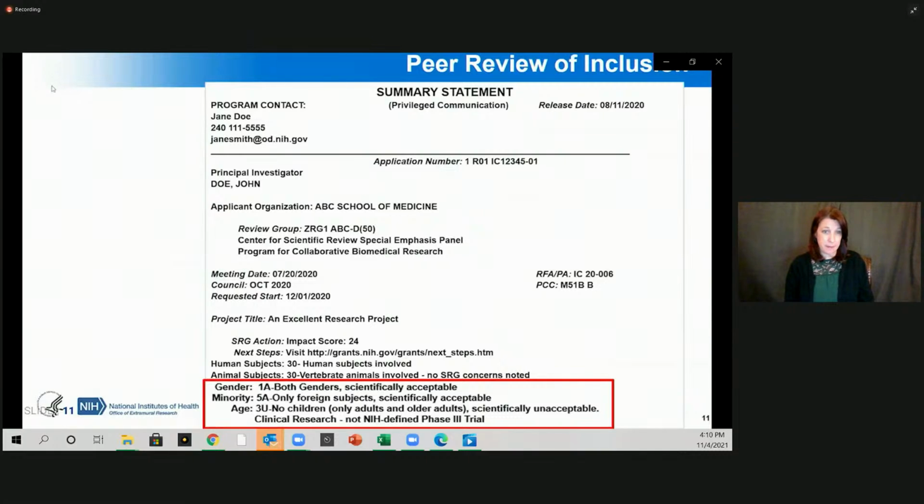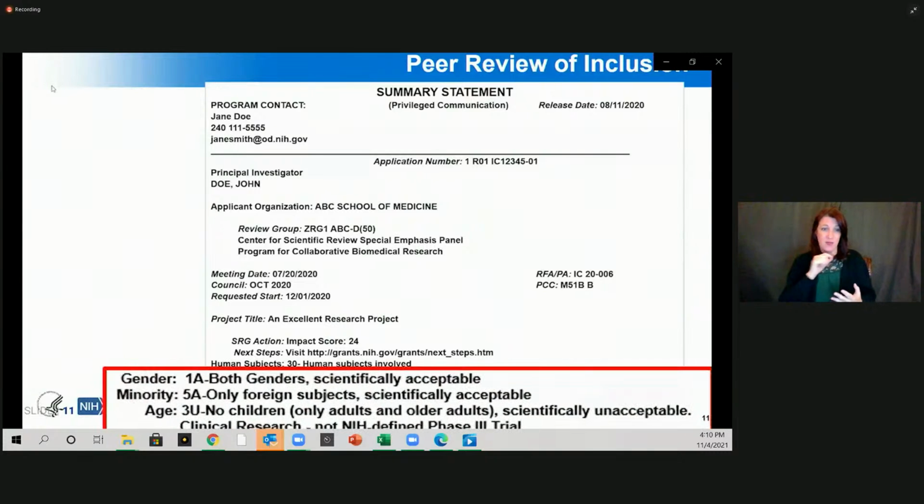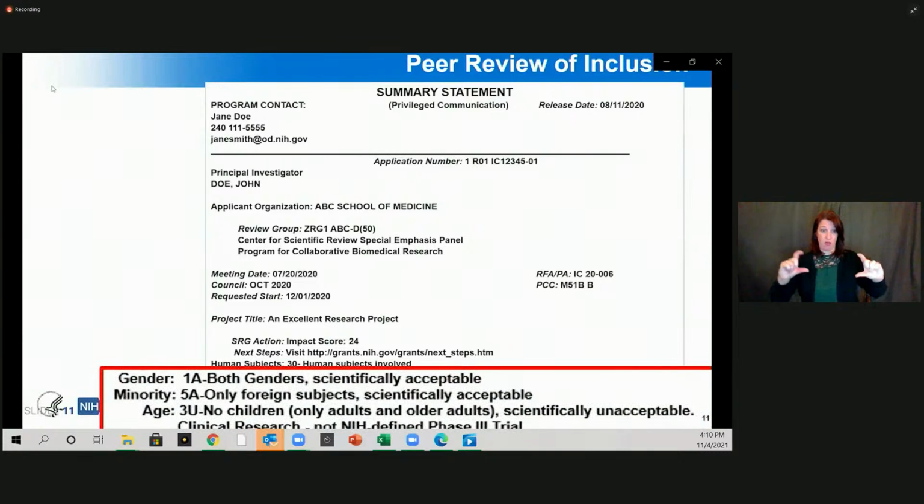Once you submit that information to us, it will then go to peer review, and peer review will consider the information. Peer review will also assign codes that indicate whether or not they find inclusion to be acceptable or unacceptable by sex or gender, by race, ethnicity, and by age. You can see in this example here, there are codes gender, minority, and age.